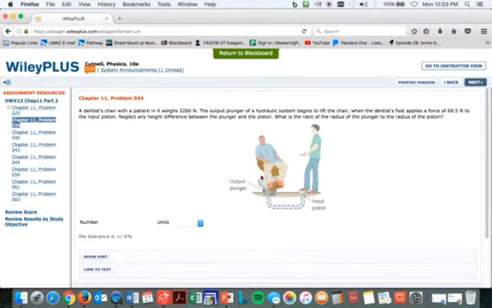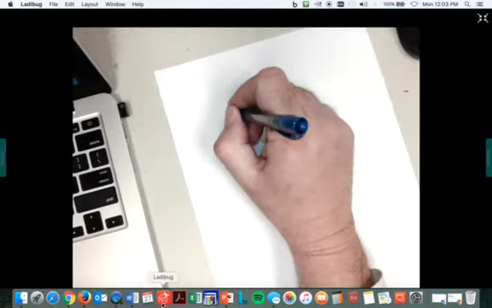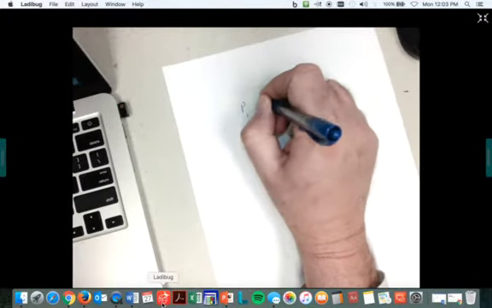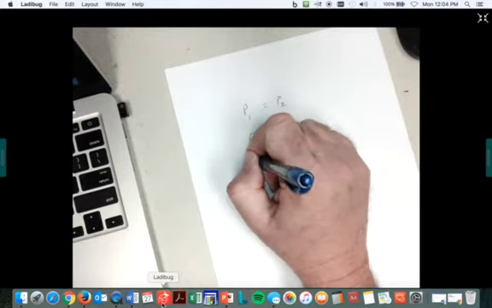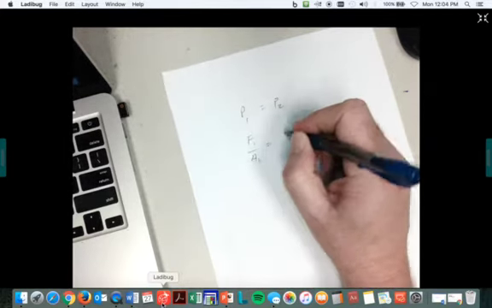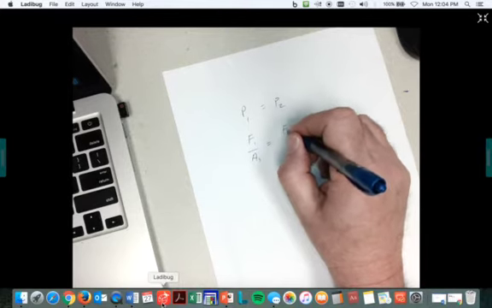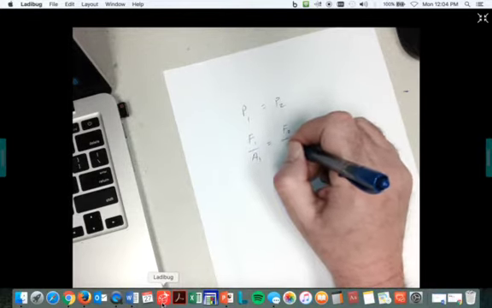We're going to call this one A1, and this one will be P1 or F1, because remember Pascal's principle says the pressure at one end is equal to the change in pressure at another. So for this problem, the pressure on 1 is equal to the pressure on 2, and you have force over area. Force 1 over area 1 is equal to force 2 over area 2.